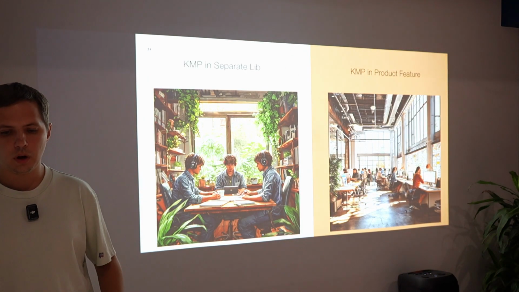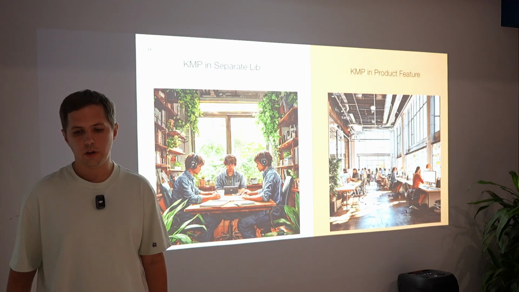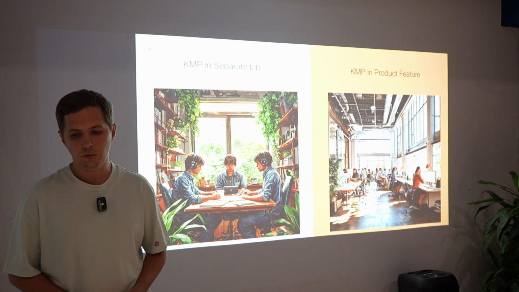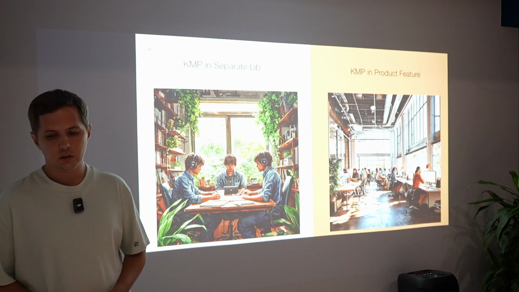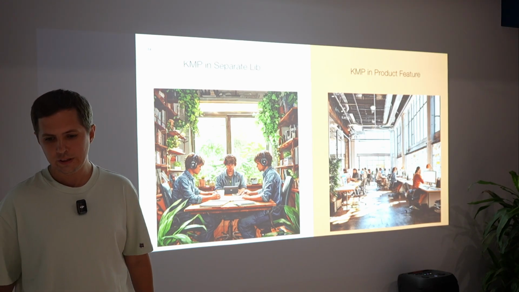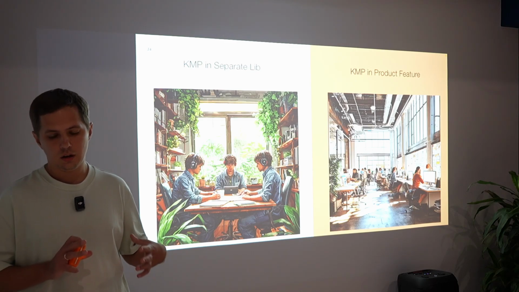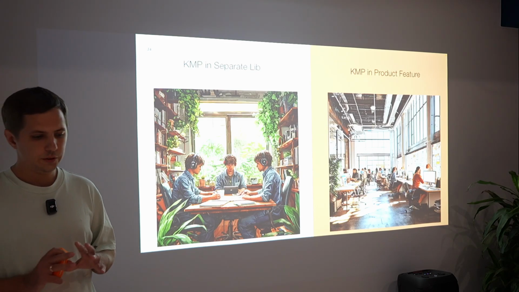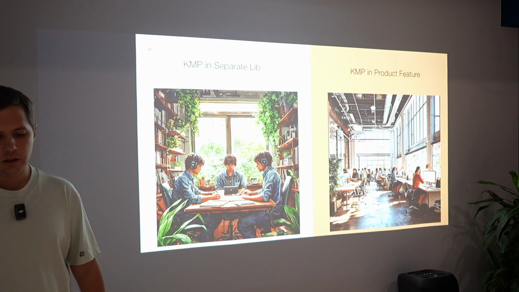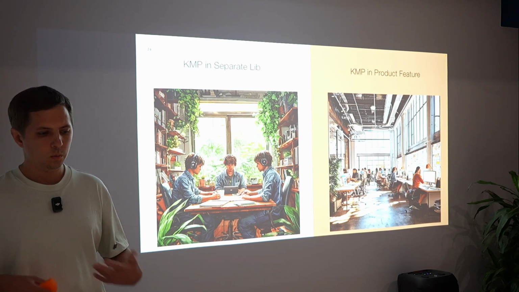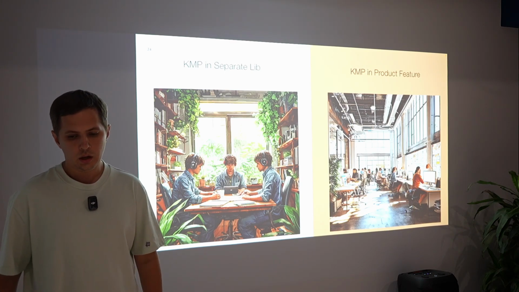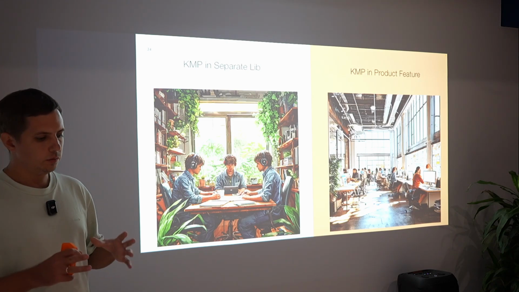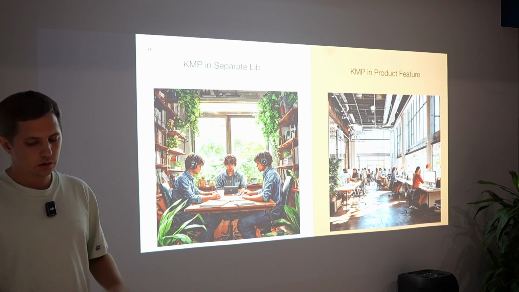And talking about these two approaches, two ways of using KMP are sort of analogous to working in an office as we did before COVID. One part of the teams was working in closed offices, closed cabinets, and others probably didn't know what they were doing. Only the expertise of this team was concentrated in this office.